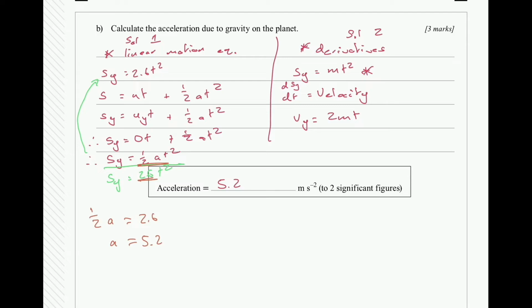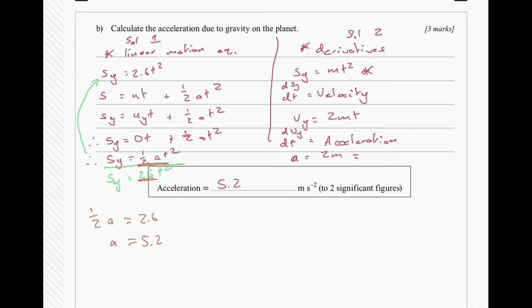Now if I do the derivative of our velocity equation with respect to time, dVY/dt, that is going to be our acceleration. If we actually do the derivative, we end up getting acceleration is equal to 2 multiplied by m.